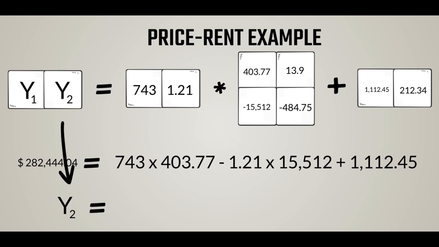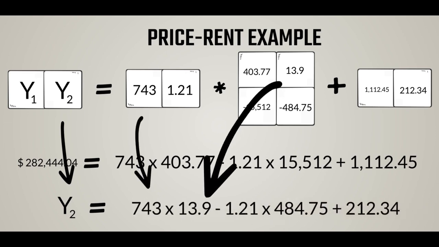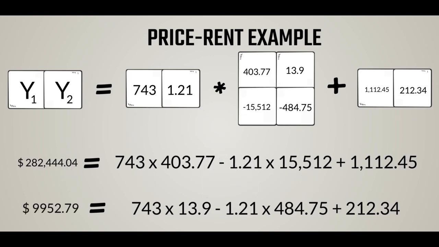The second output, y2, is found by 743 times 13.9 minus 484.75 times 1.21 plus 212.34. The result is $9,952.79. So, basically you can buy the house for around $282K and rent it out for $10K.